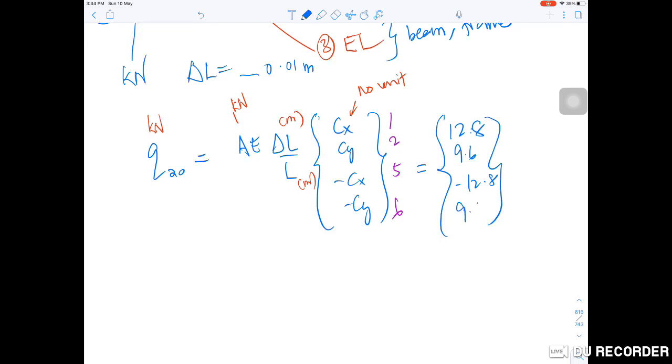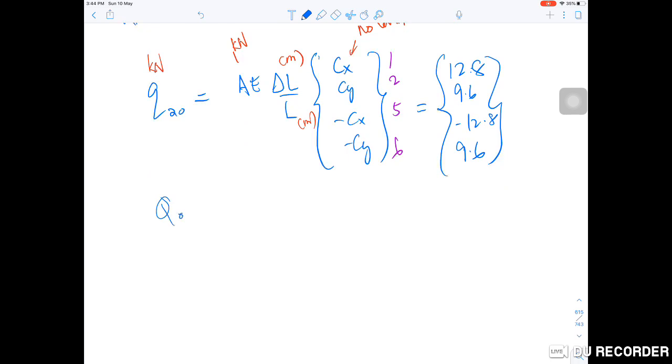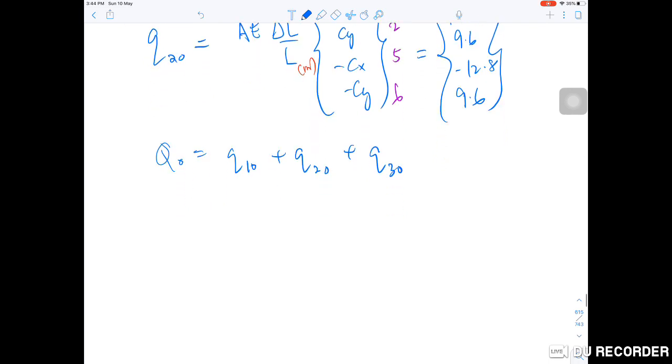This is 9.6. For the equivalent forces, Q naught is equal to Q for member 1 naught plus Q for member 2 naught plus Q for member 3 naught. So for the overall equivalent nodal forces Q naught, the values are for 1, 2, 3, 4, 5, 6, 7 and 8.